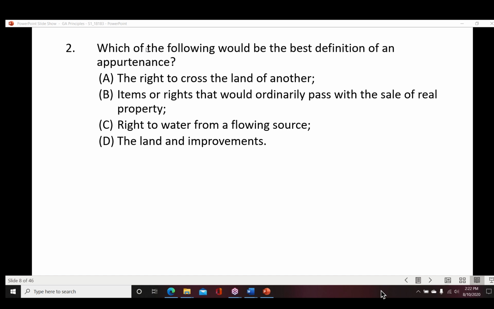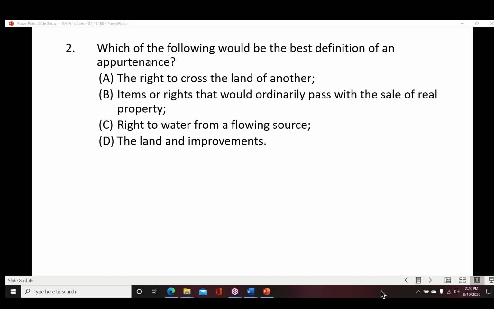But the question's asking which of the following is the best definition of just an appurtenance. And remember, an appurtenance is any right or improvement permanently attached to the land, and we said that it runs with the sale of the land. And that's what B says, items or rights that would ordinarily pass with the sale of real property. So the correct answer to number 2 is B.